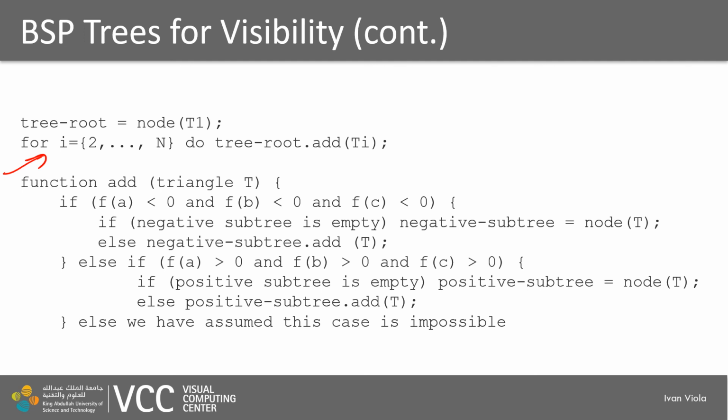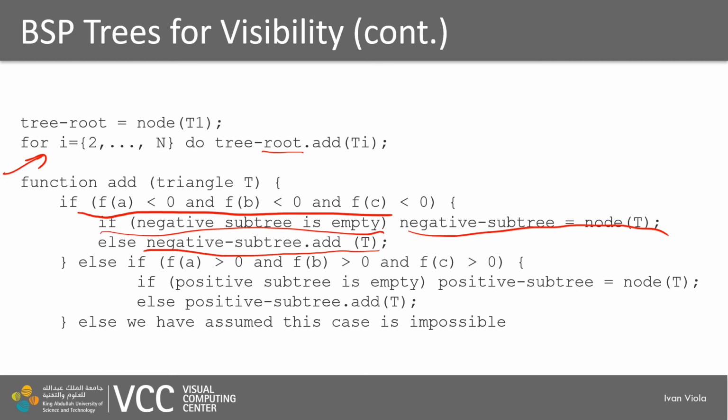So we are evaluating for each triangle the values of its vertices, and if they are all negative with respect to a certain root or local root, then we will be adding them to the negative subtree. So if the negative subtree is empty, then we simply assign this node to the negative subtree. Otherwise, we add this triangle to the negative subtree.